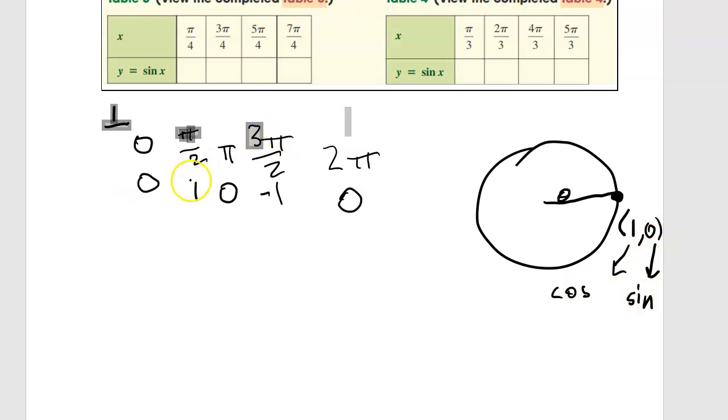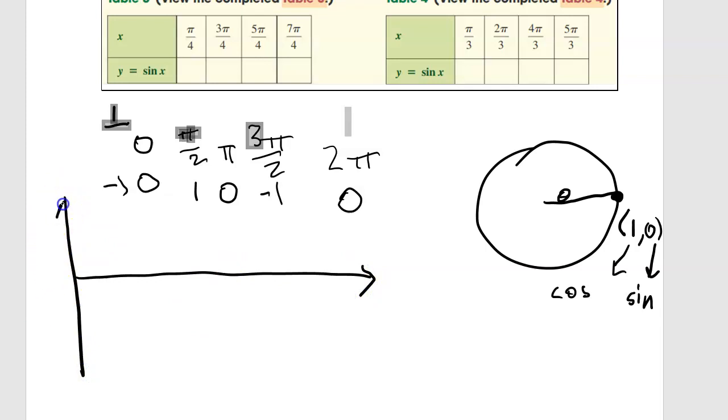to this function. So if we just sketch this 0, 1, 0, -1 on an x-axis, like so. We'll do the y being the output and the x being the input. So the x is going to be some radian measured angle.